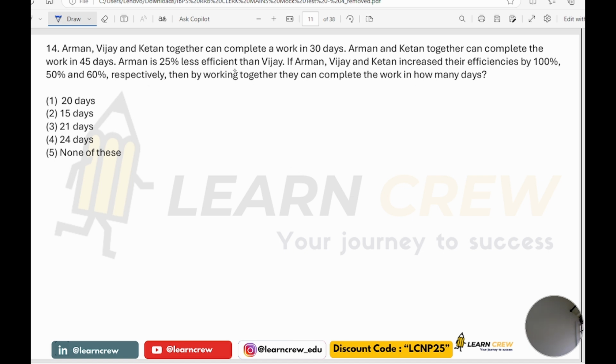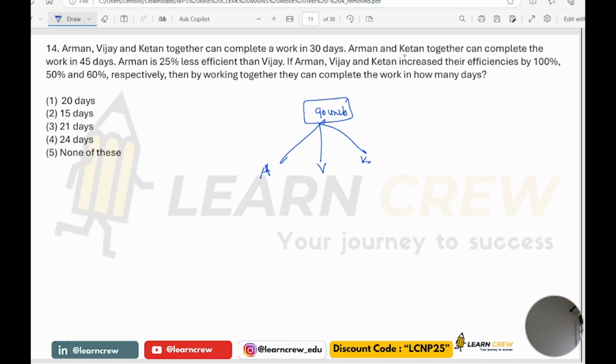So 30 and 45, the LCM is 90. So the total work is 90 units. Here Arman, Vijay and Ketan all together can do 3 units per day.